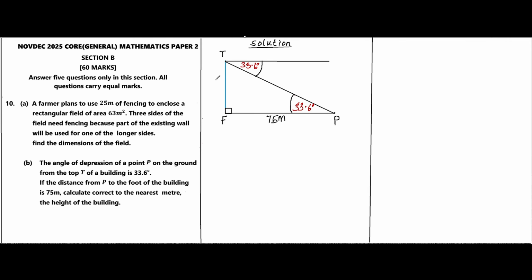I'm representing the height of the building as H. So line TF is represented as H. So since we have our right angle triangle, the first thing we do is let's try to identify the sides of the right angle triangle. We know that the longest side is the hypotenuse. So this is our hypotenuse. The side facing the acute angle, these are opposite. And then the remaining side, that is line FP, becomes adjacent.